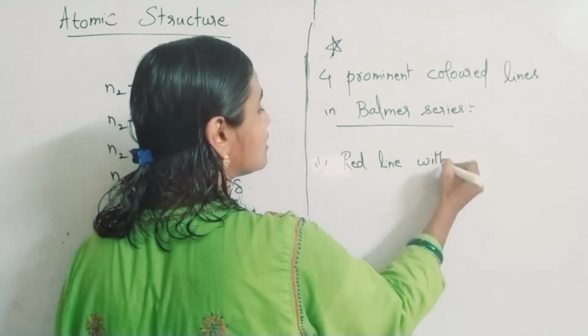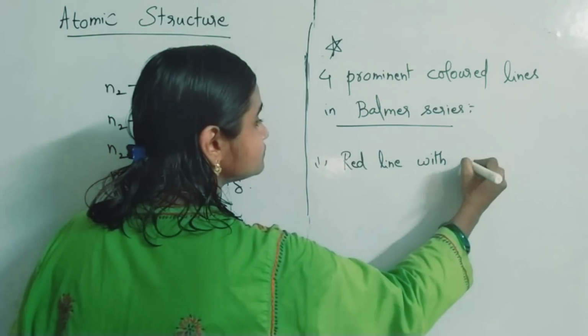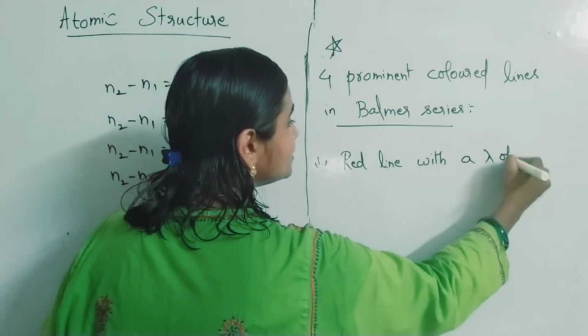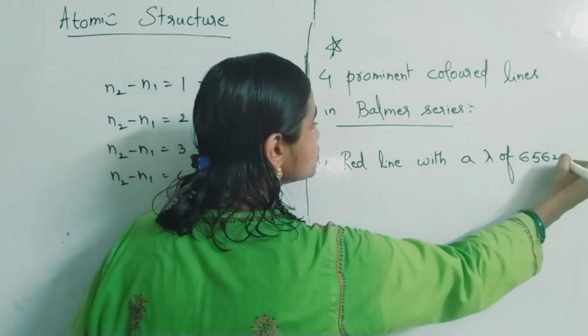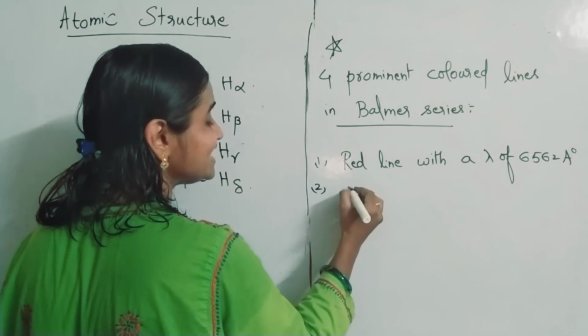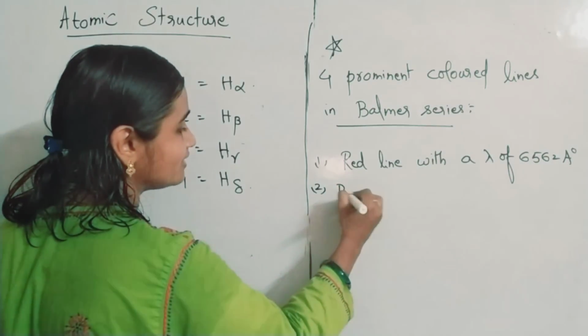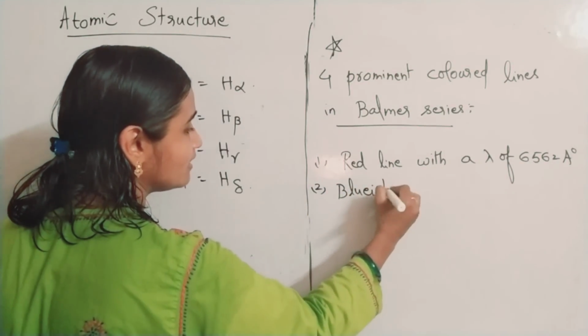with a wavelength of 6562 angstroms. And you will be finding a bluish green line with a wavelength of 4861 angstroms. This is also a prominent line.